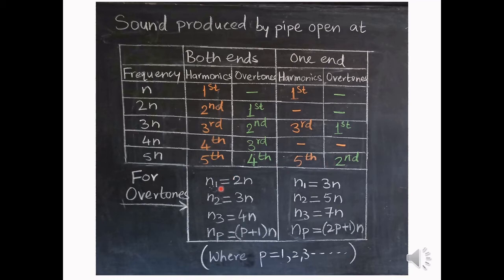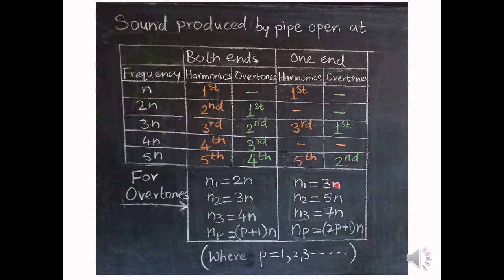So for overtones, in case of pipe open at both ends, the first overtone has a frequency N1 which is equal to 2N, N2 is equal to 3N, N3 is equal to 4N. So in general, Np, that is the pth overtone, has a frequency Np equal to (p+1) times N. In case of a pipe open at one end, the first overtone has a frequency 3N.